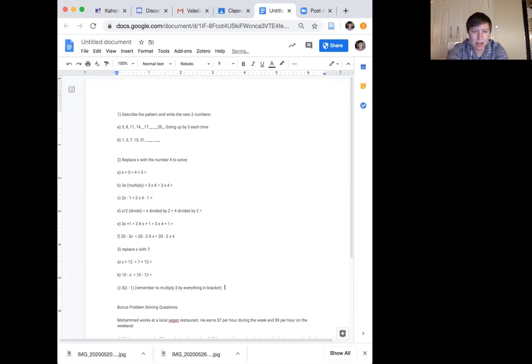This one, 3z minus 1, so you have to do 3 times z, and then 3 times 1, and subtract those two numbers. So 3 times z, where z is 7. So 3 times 7, I can put that in brackets so I don't get confused.